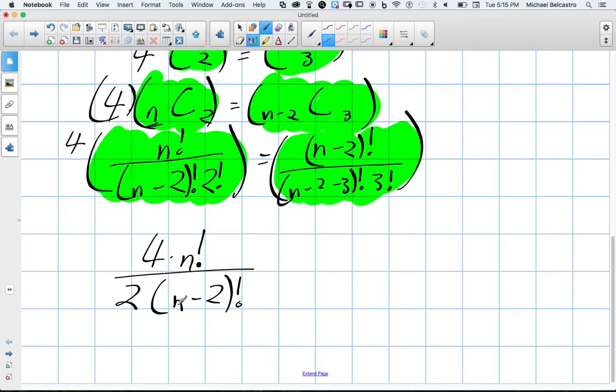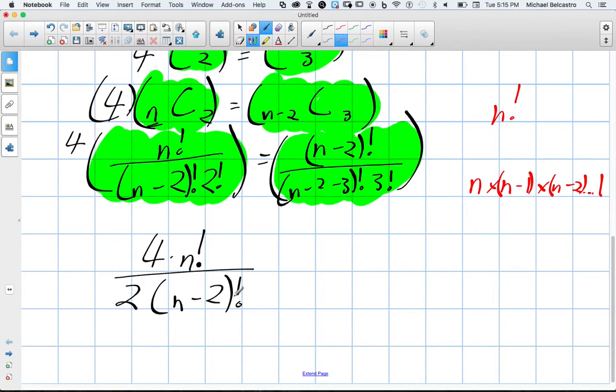Well, this is tough because we don't know what the n is, so we don't really want to go into distributing here. A factorial is essentially, we've got to talk about what a factorial is. If we said n factorial would be n times n minus 1 times n minus 2, all the way down to the value of whenever that value is equal to 1.